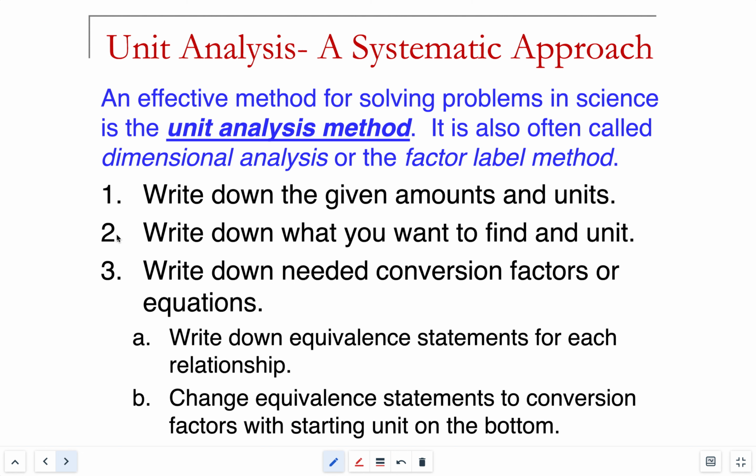And then you need to construct a solution map. How do you get from your input to your output by stringing together conversion factors? You've got to find equivalent statements for each relationship, then convert each of these equivalent statements to a conversion factor, with the unit that you're starting with on the bottom.